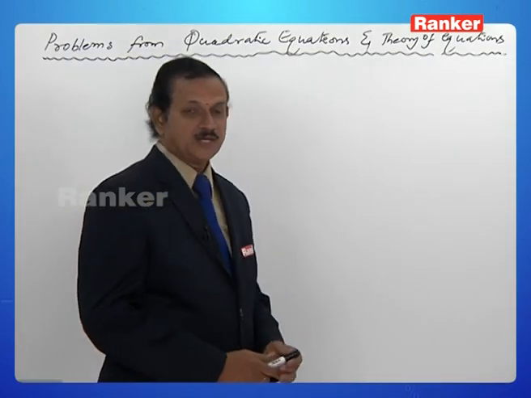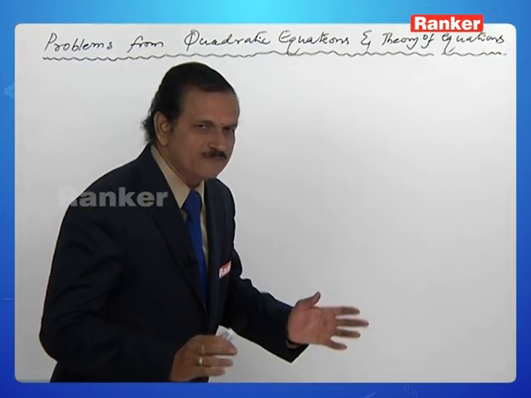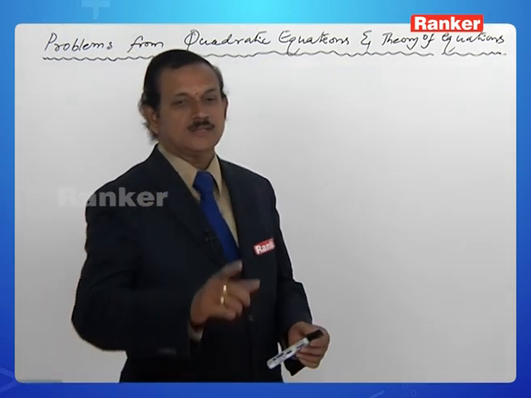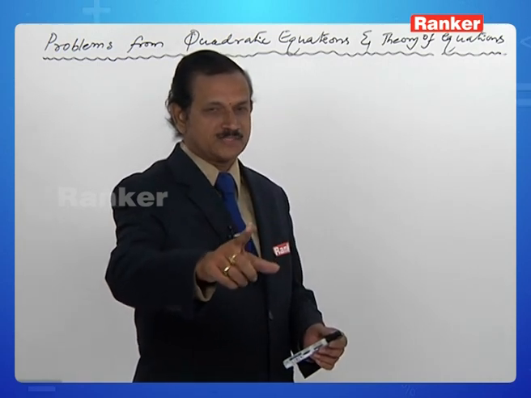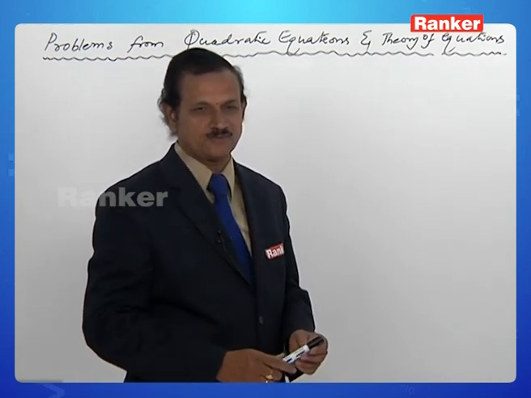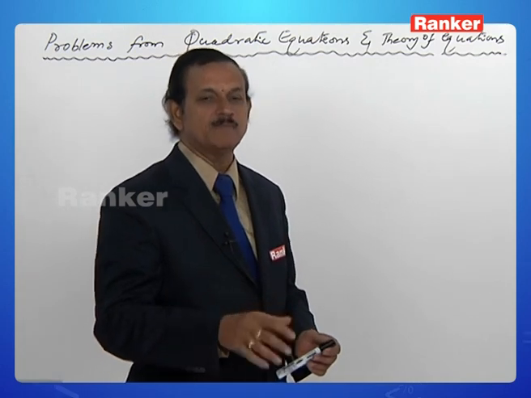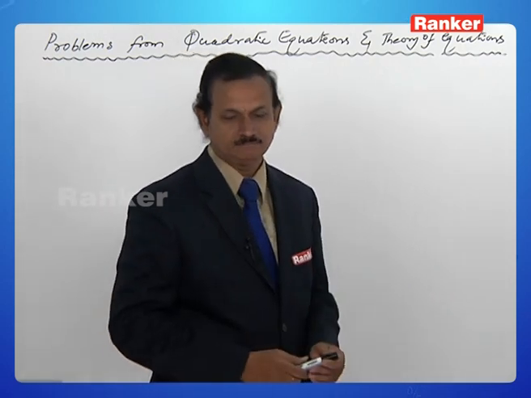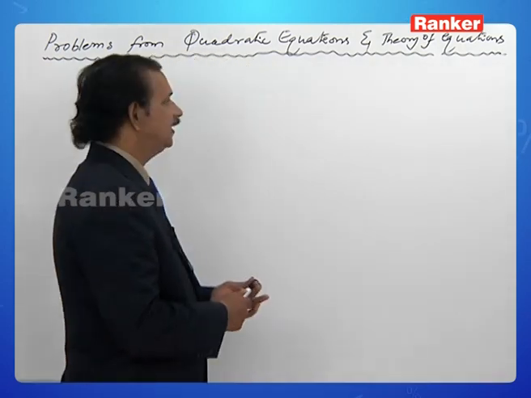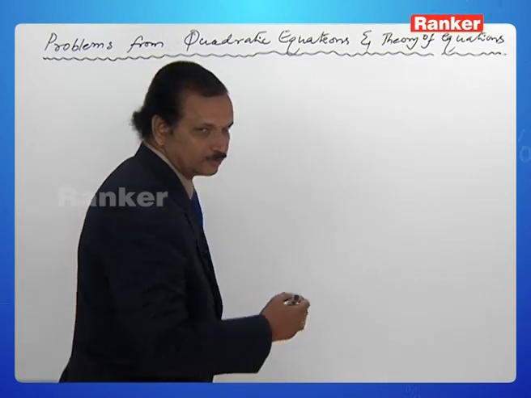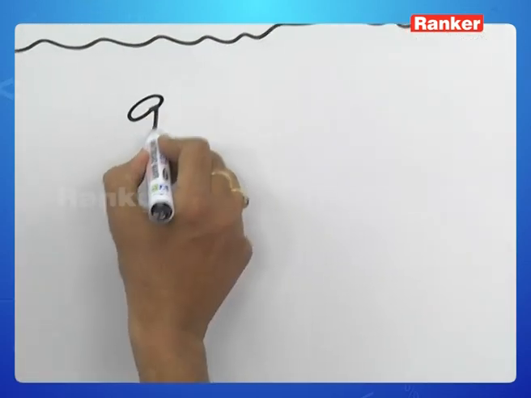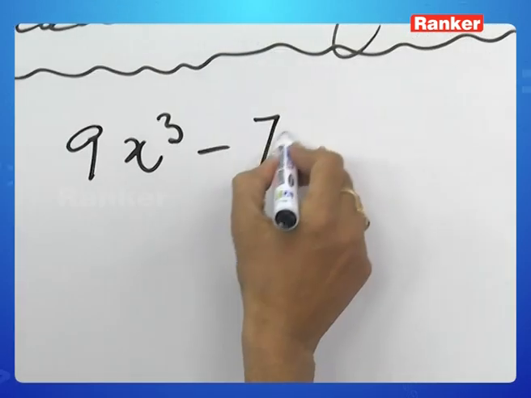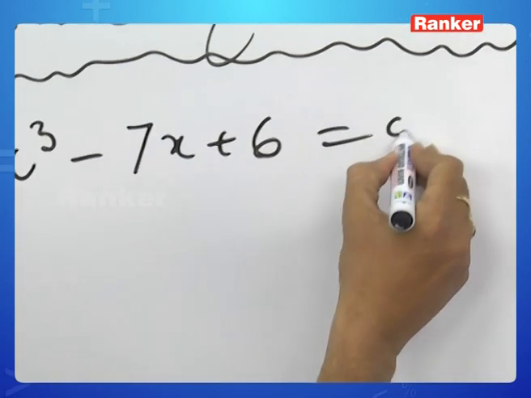Let us see. Here, the most convenient factor in the question is that the new equation x cube plus ax square plus bx plus c is equal to 0 has the roots 3 alpha plus 2, 3 beta plus 2, 3 gamma plus 2. They are all of the same form. That is the most convenient form here. Let us now try to get the answer. What is the given equation? 9x cube minus 7x plus 6 is equal to 0.